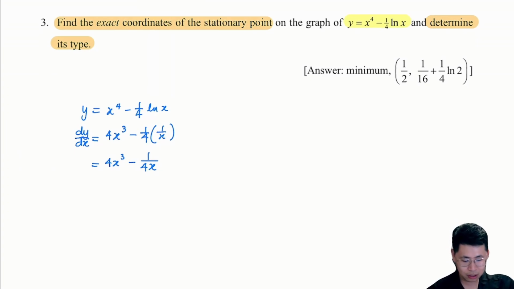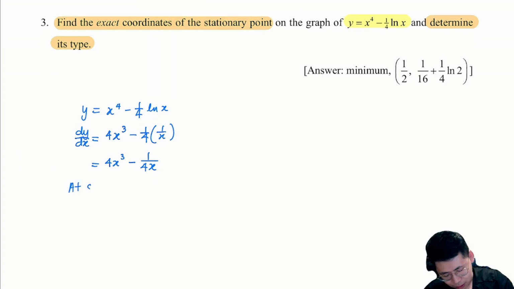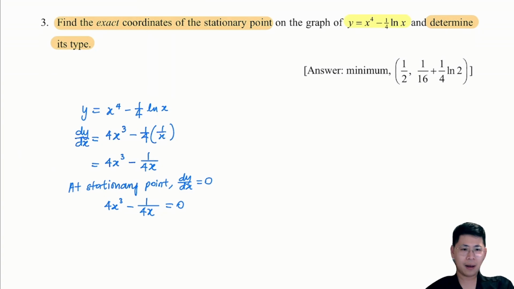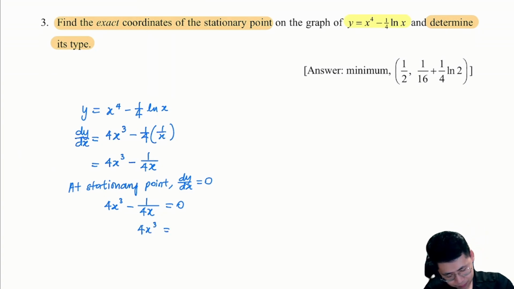Now, in order to determine the type, oh sorry, before that we have to find the exact coordinates. So at a stationary point, the concept is that the derivative equals 0. So this means 4x cubed minus 1 over 4x equals 0. There are many ways to do this. I will choose to move this to one side.